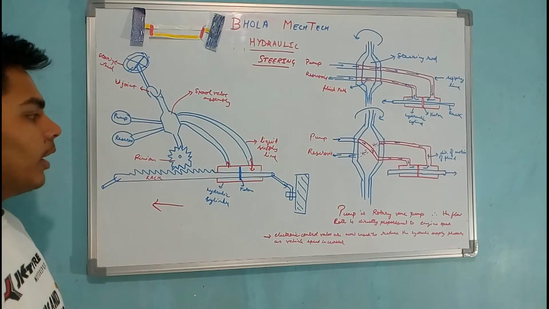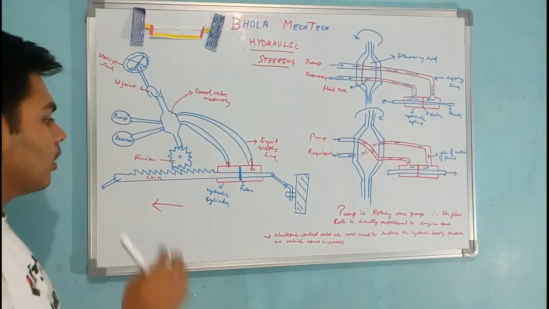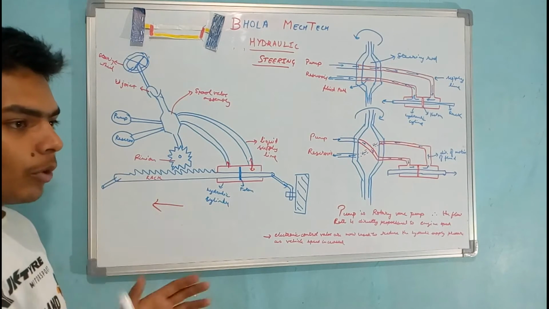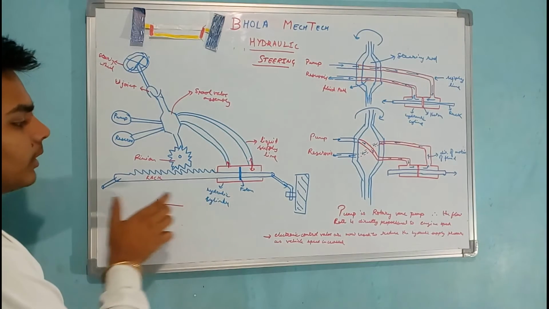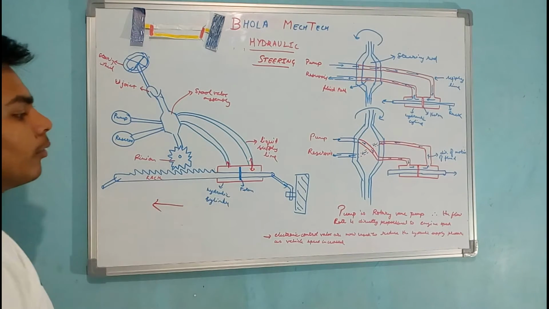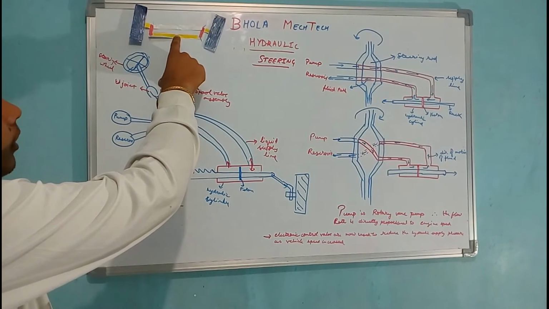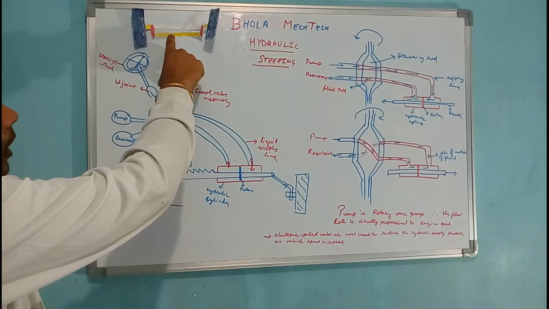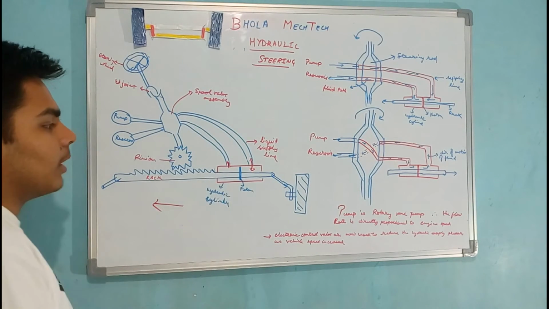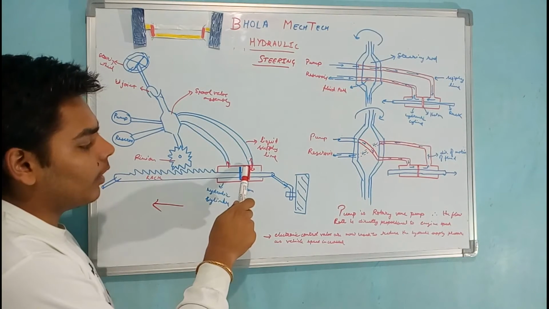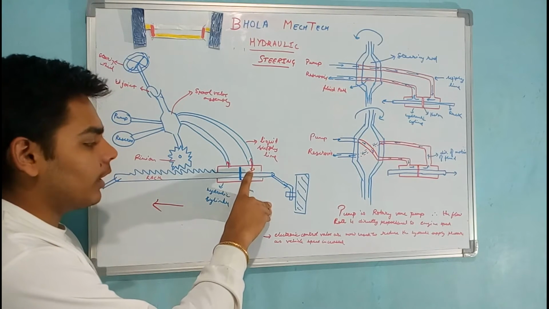While steering, the main motive of steering is to displace this rack, because by displacing this rack only, the wheel will turn. As you can see, I am displacing the rack and the wheels are turning. There is a piston and a hydraulic system applied over here to enter the pressurized fluid in this side of the hydraulic cylinder.